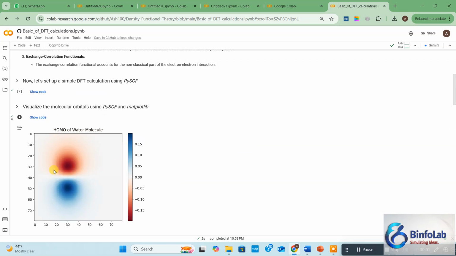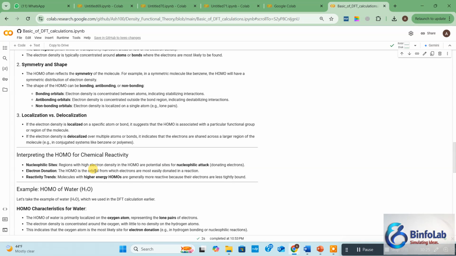Let's say you compare this figure with the HOMO of another molecule, and you do not see brighter spots like this in that molecule. So you can say that water is more reactive as compared to that one, because the density is higher, or the flashy sides are more here compared to that other compound.